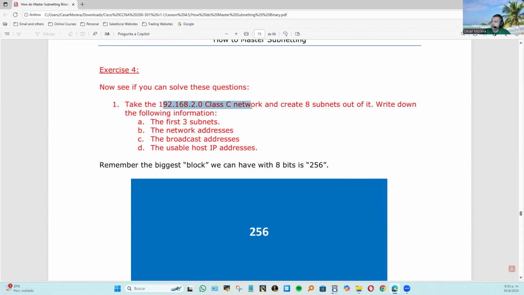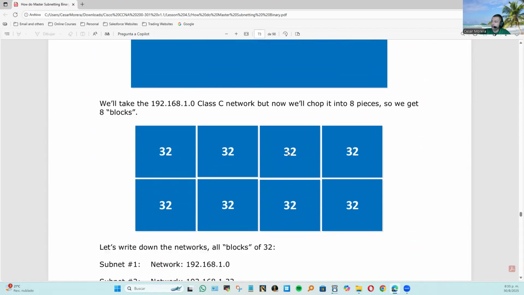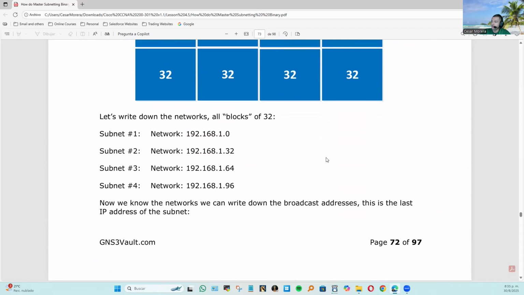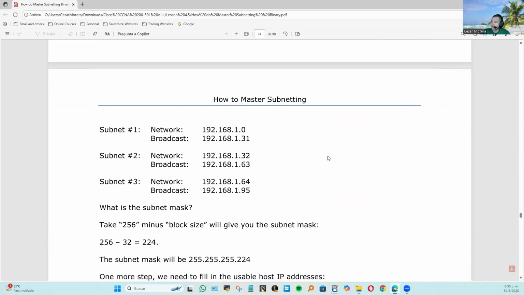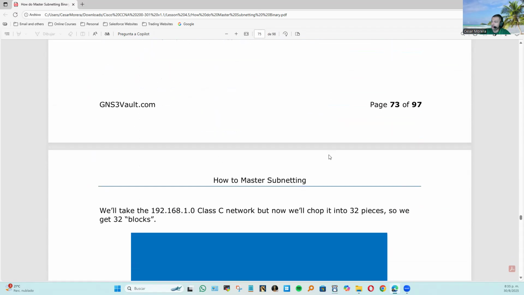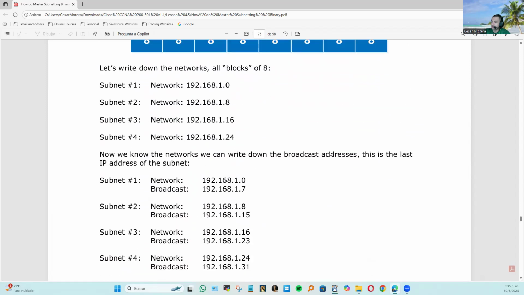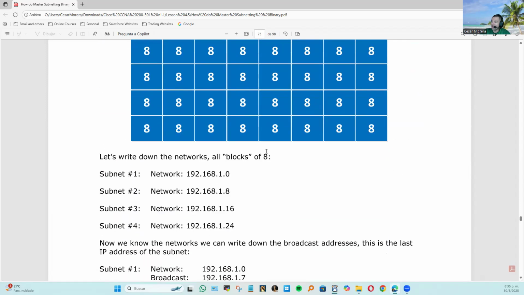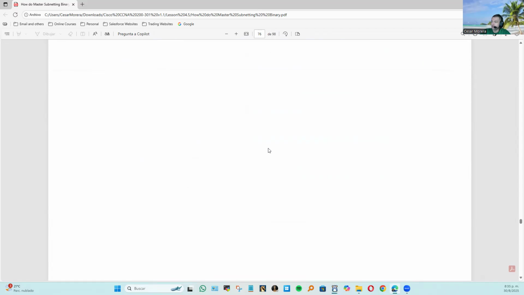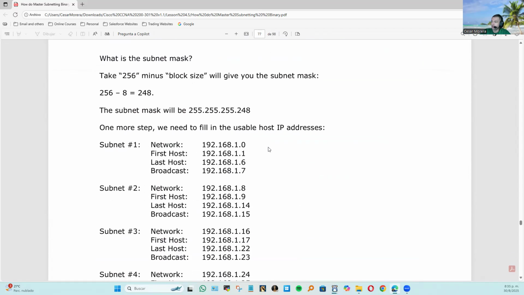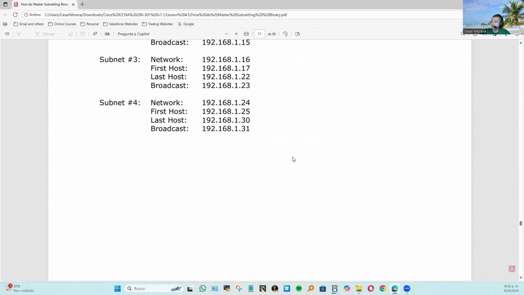This is the one that they are giving us as homework, and they are using blocks of 32. These are the answers. There is another one with blocks of 8, and that's pretty much it.